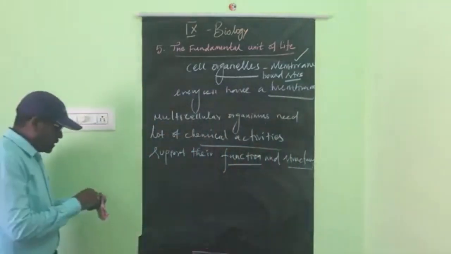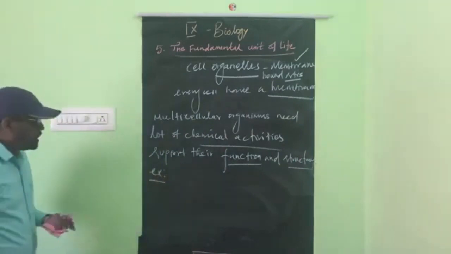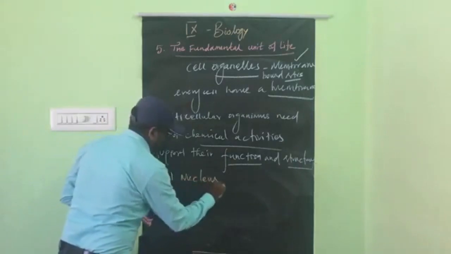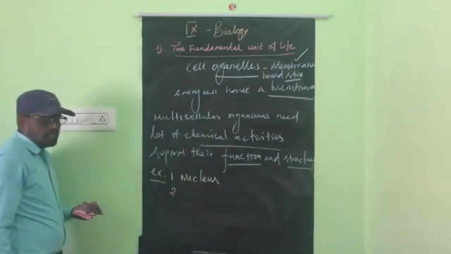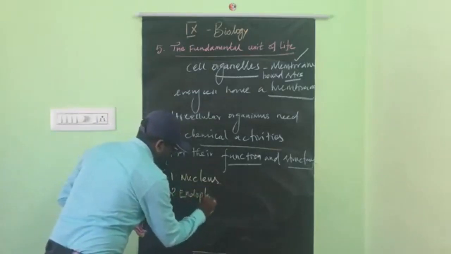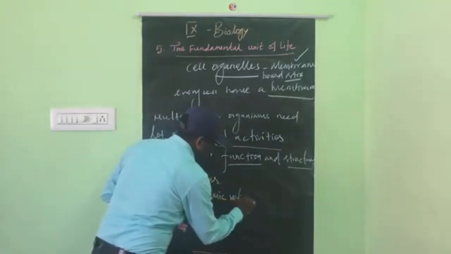So what are the cell organelles? Examples of cell organelles. The first cell organelle is the nucleus, and the second cell organelle is the endoplasmic reticulum.